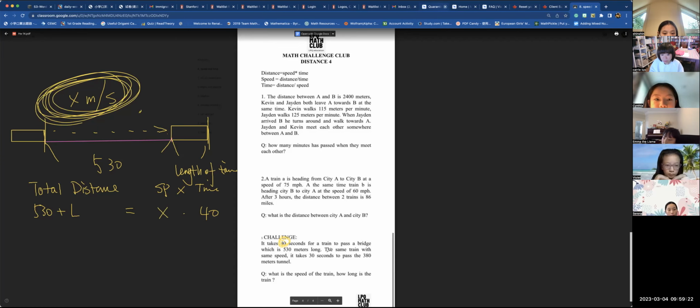Okay, so now let's move forward. The same train, this is very important. If it were a different train, it wouldn't work. So the train with the same speed takes 30 seconds to pass a 380 meter tunnel. So now we have another tunnel, which is a little bit shorter than the bridge. But no matter whether it's passing a bridge or a tunnel, it's still like that.